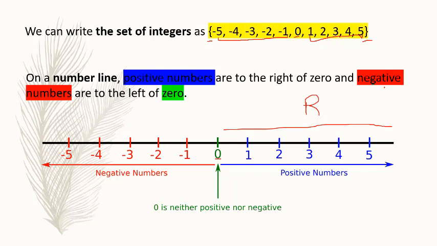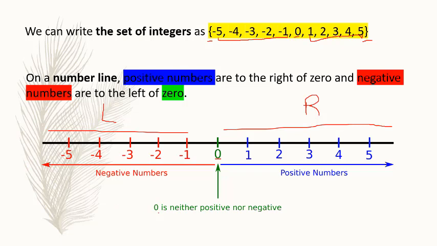And negative numbers are to the left of 0. This is the left of 0. Let me put a big L. You see, left of 0. And then our negative numbers start from -1, -2, -3, and go all the way to the left of 0.